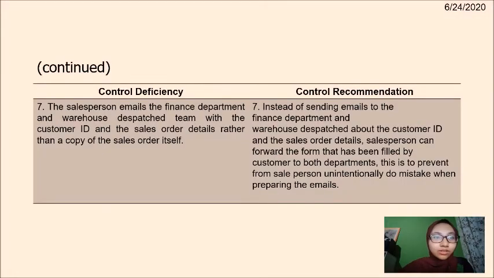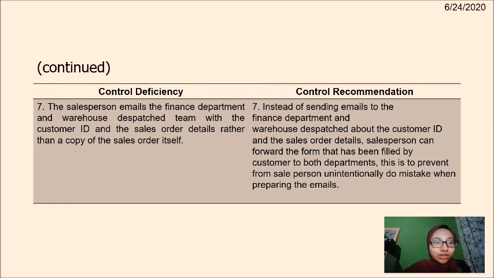The final control deficiency that can be identified from this case is that the salesperson emails the finance department and warehouse dispatch team with the customer ID and the sales order details rather than a copy of the sales order itself.